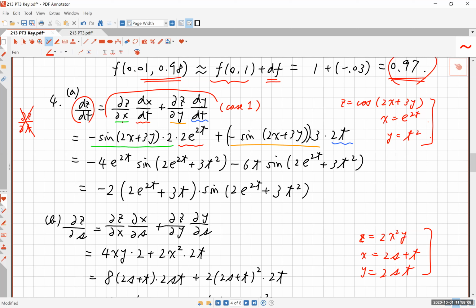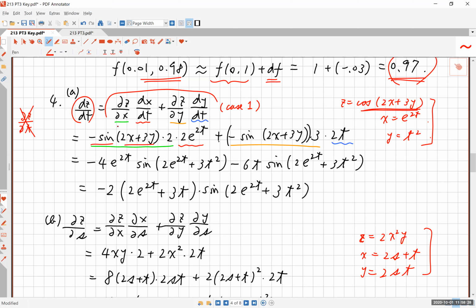The partial of z with respect to x is, using the chain rule, cosine, of course, becomes negative sine, the inside stays the same, and then you multiply that by 2, right? So what I have drawn here in green is also green, so you see the color coordination here, right?